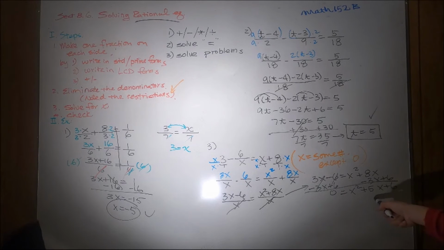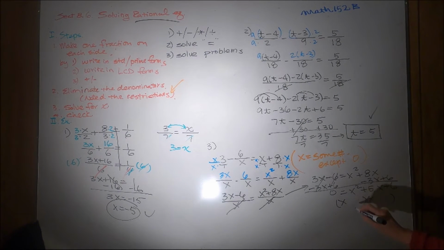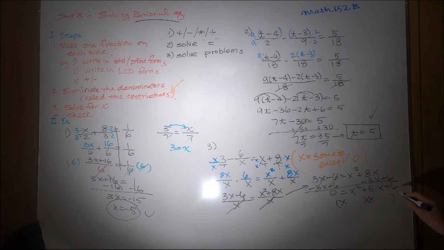So how do we solve a quadratic equation? 3 terms, trinomial. So we use the AC method. But the leading coefficient is 1, so we can just do the x and find the 2 numbers. Multiply together is 6, add together is 5. That would be 3 and 2.